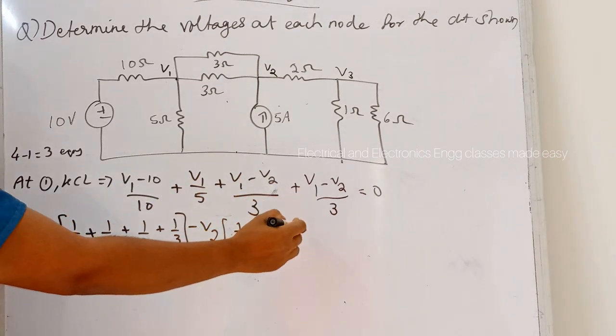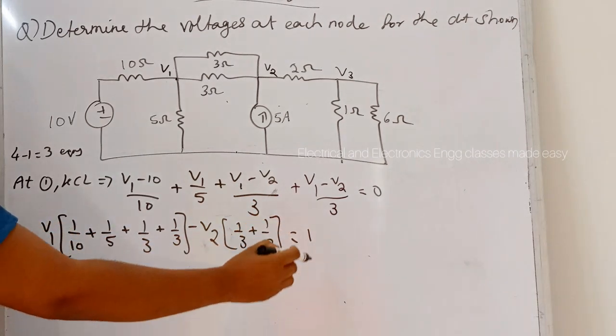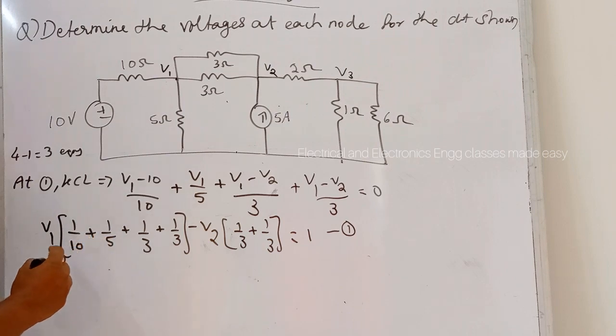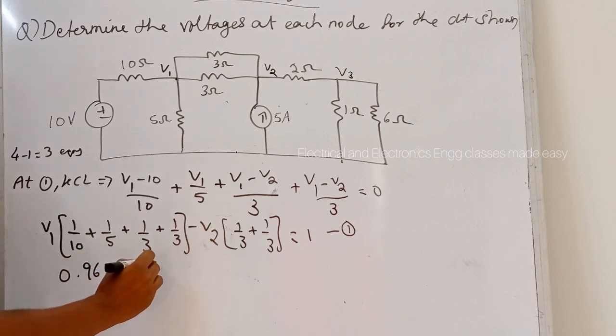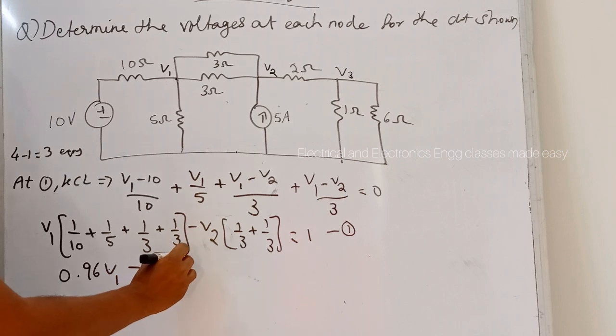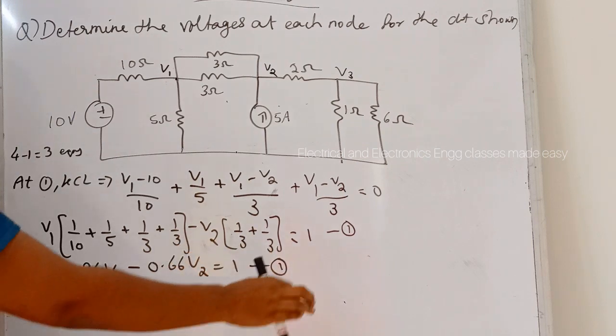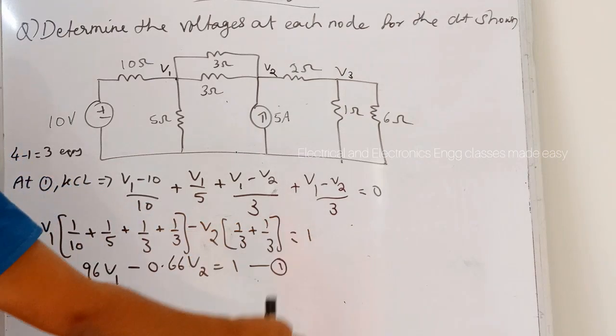So in the RHS it will be plus 1. So this is the first equation and let us simplify it. So we will get 0.96 V1 minus 0.66 V2 is equal to 1. So this is the first nodal equation.